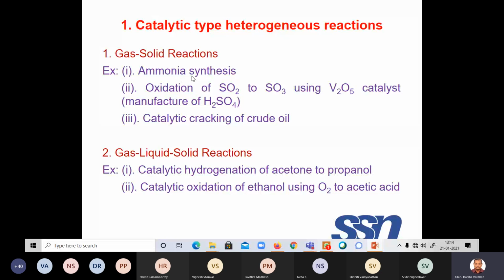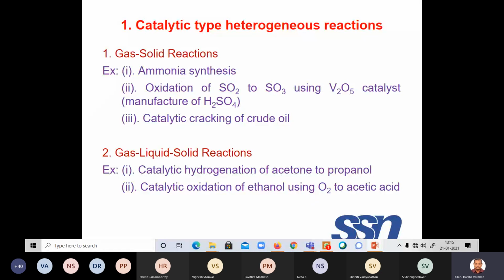An example is ammonia synthesis. What is happening in the ammonia synthesis? Can anyone recall that equation? N2 plus 3H2 gives 2NH3. Am I right? That is the ammonia synthesis equation. N2 and 3H2 are gases.